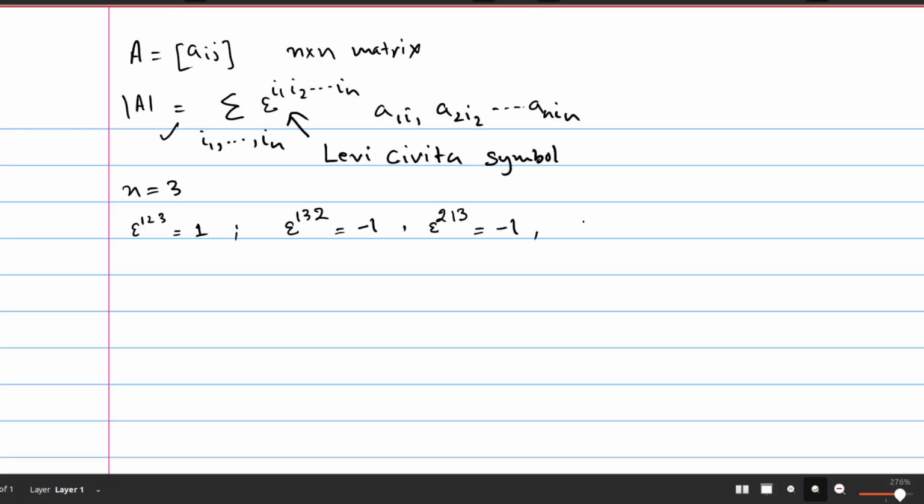Epsilon 2 3 1 involves two interchanges, meaning an even number of interchanges, so it will be equal to plus 1, and epsilon 3 1 2 will again be plus 1, and epsilon 3 2 1 will be equal to minus 1. All other values of this Levi-Civita tensor, in which any two indices are equal, will be equal to 0.